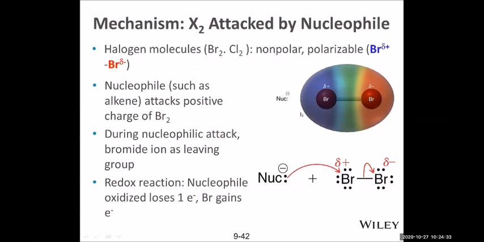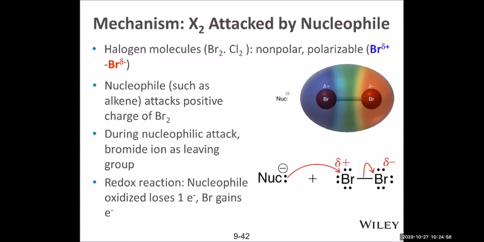Here the alkene, with its high energy pi electrons, acts like a nucleophile. The high energy pi electrons are almost like lone pair electrons, so they can form a bond with the momentarily positive bromine. This bromine molecule is basically polarized because of dispersion force.